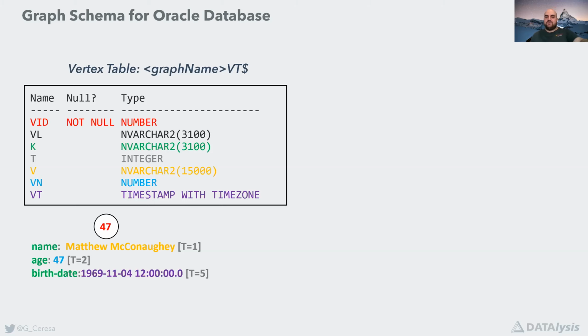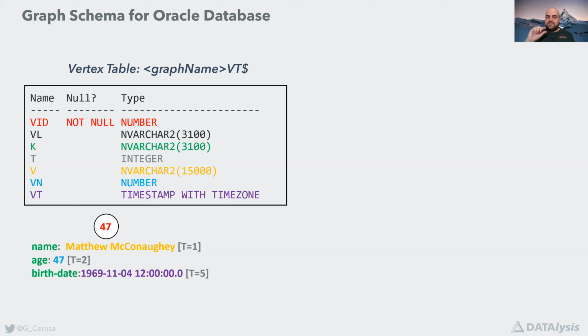You can see at the bottom of the screen a super simple example. The vertex 47, so the VID is 47. Name is a key, age is a key, and birth date is a key. The values, Matthew, 47, 1969-11-04, and so on, are values, and based on the type, they go into V, VN, VT.